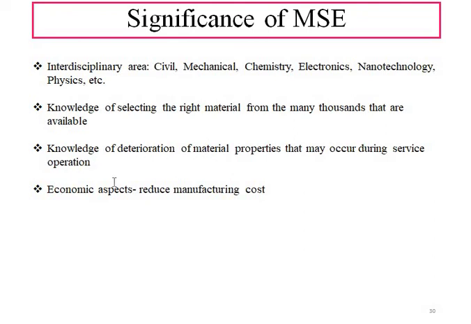You cannot go for economic aspects there. But for some local uses, some local products, if you are making budget level equipment or budget level products, you don't need to think much about quality and the right material. You can think more about the economic aspects. So depending upon the application, the material science engineer will select the right material. So that's the significance.